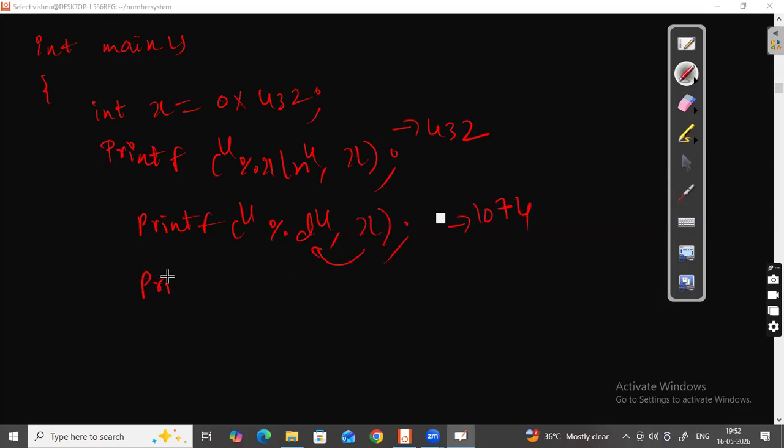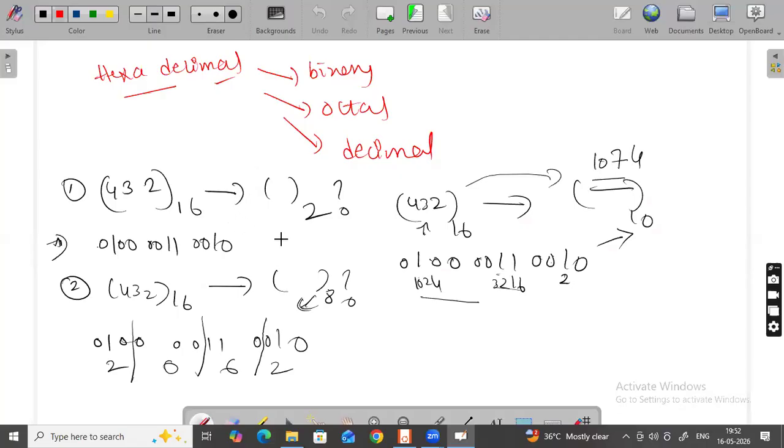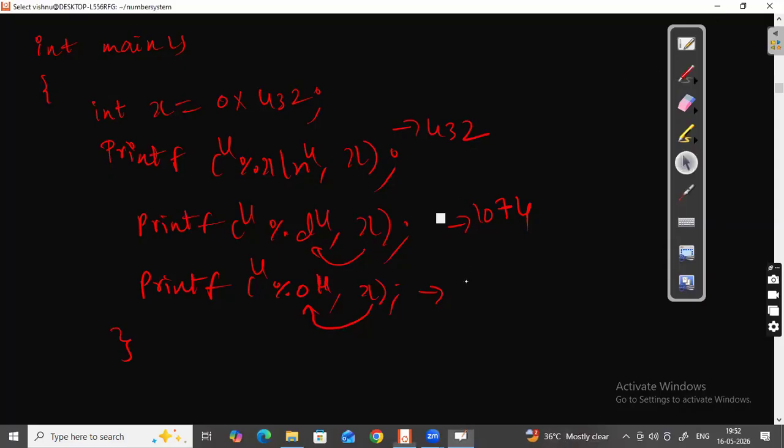And if I print printf("%o", x), what is it going to print? x is hexadecimal 432 in terms of octal. %o means octal. When you convert hexadecimal to octal, what is the answer you got here? See here, 2062 is the answer. So you will get 2062.